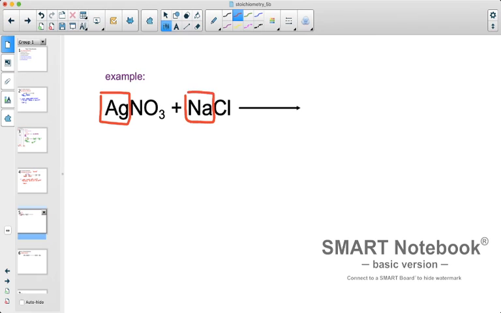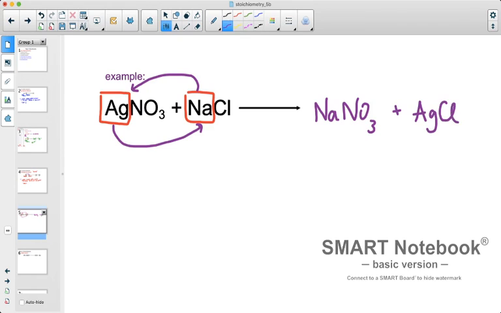And I want to switch positions or places. So Ag will now get placed where Na is. Na now goes where Ag is. So my products end up becoming NaNO3, and the metal has to be written first, plus AgCl.